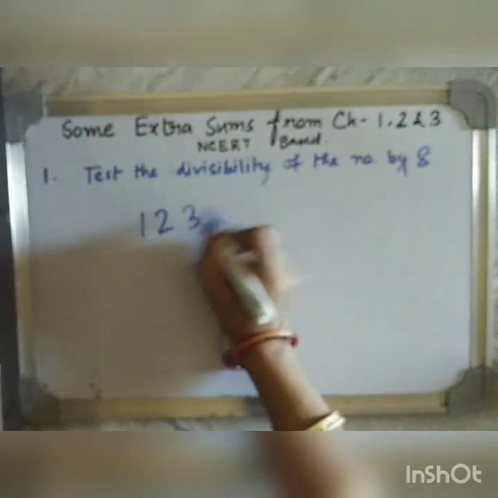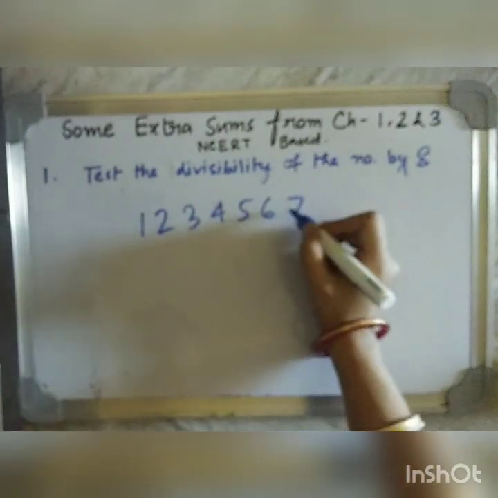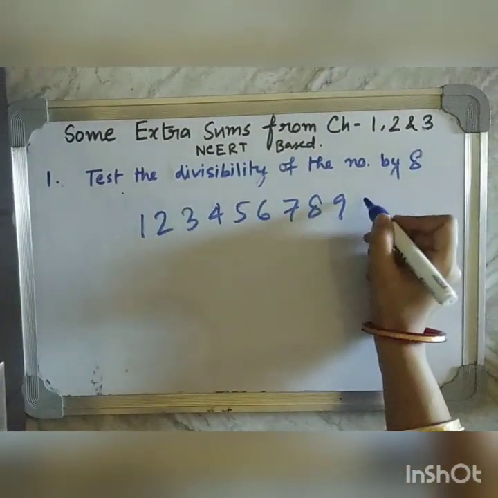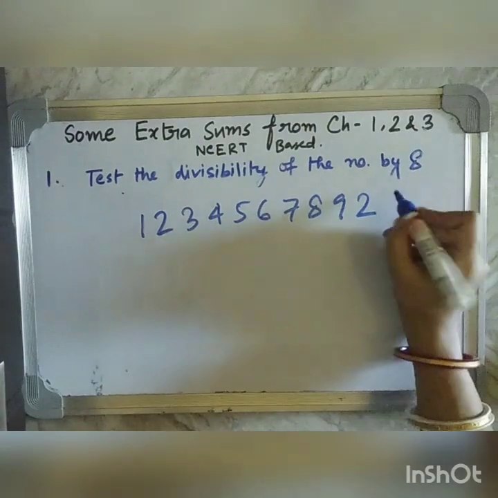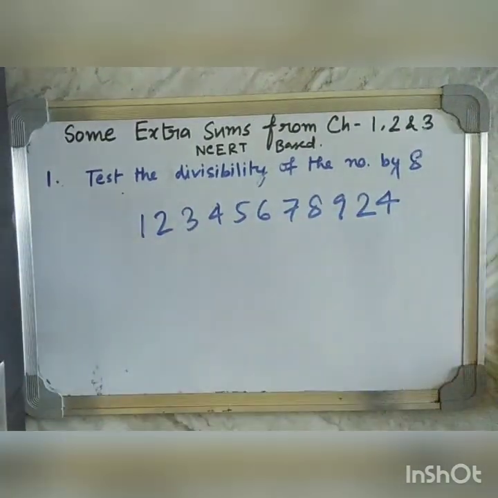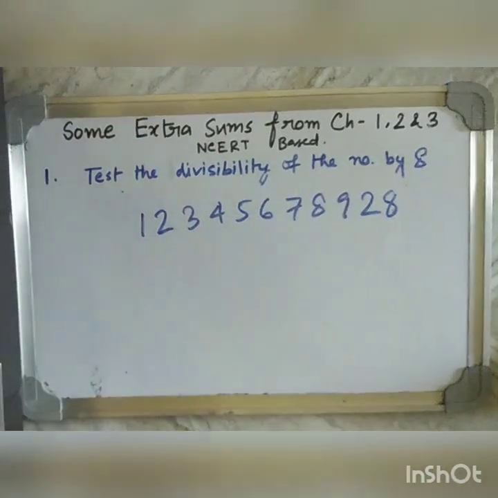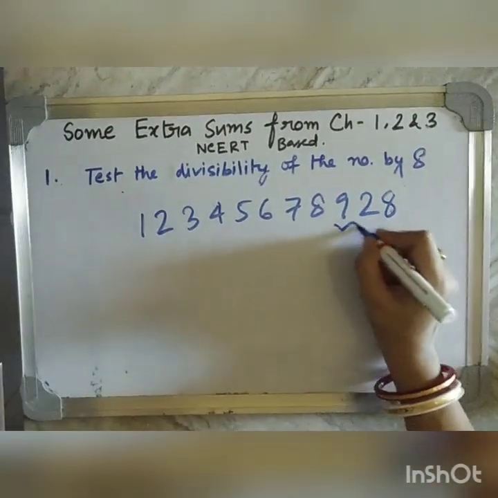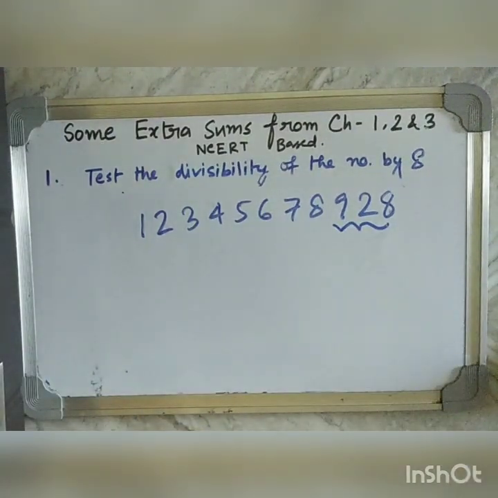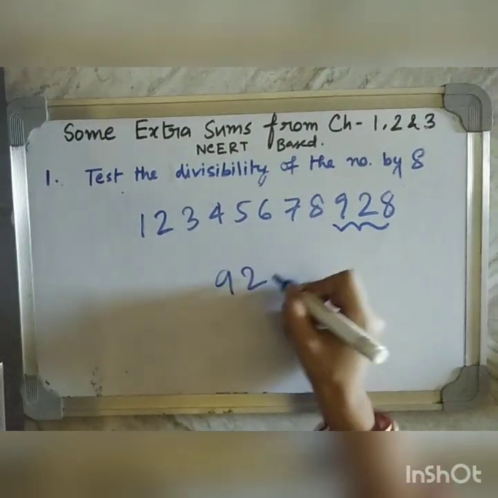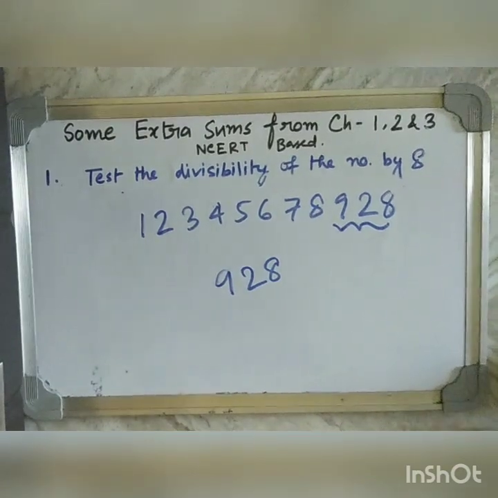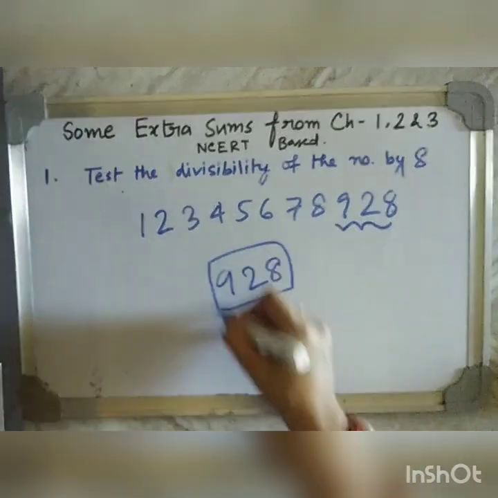Let's take a number. Suppose this is the given number. How to check the divisibility of the number by 8? First we will check the last three digits, that is 9, 2, 8. We will divide these three digits by 8.